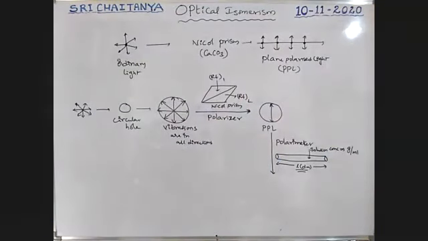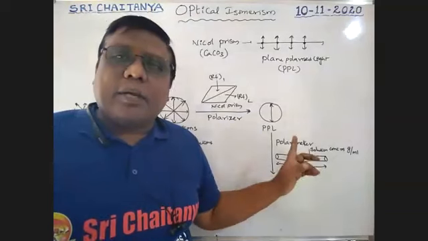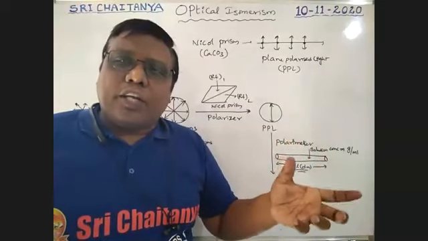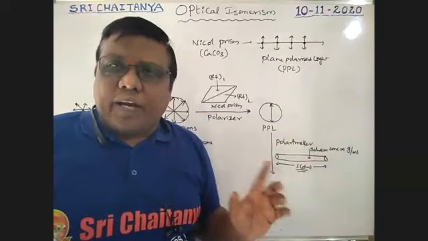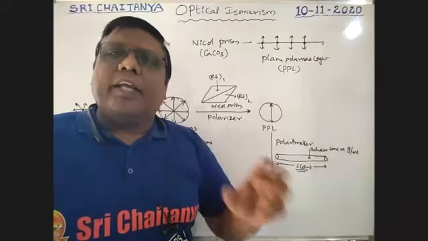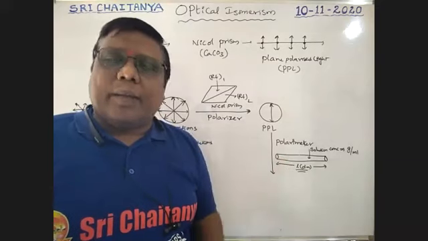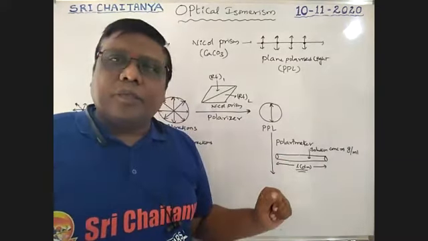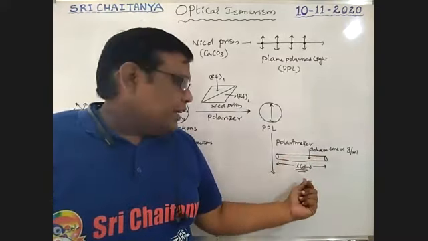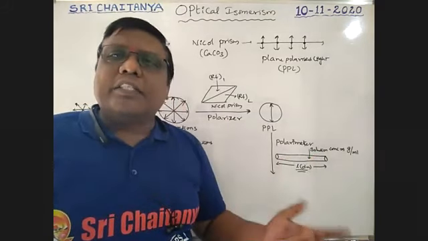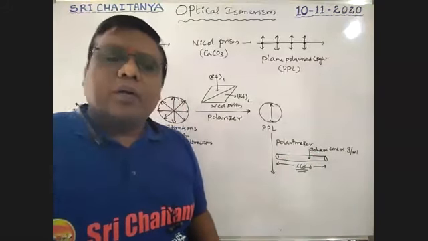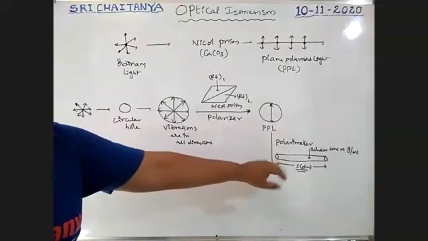The substance whose optical activity you want to find out is taken in solution, with concentration expressed in gram per ml, and filled in the L decimeter length tube. So this is the polarimeter, boys.